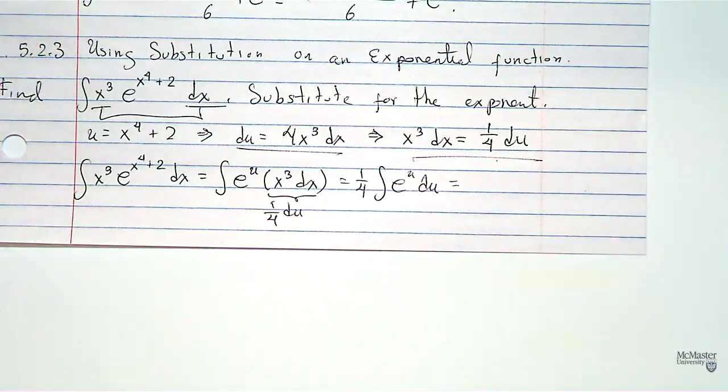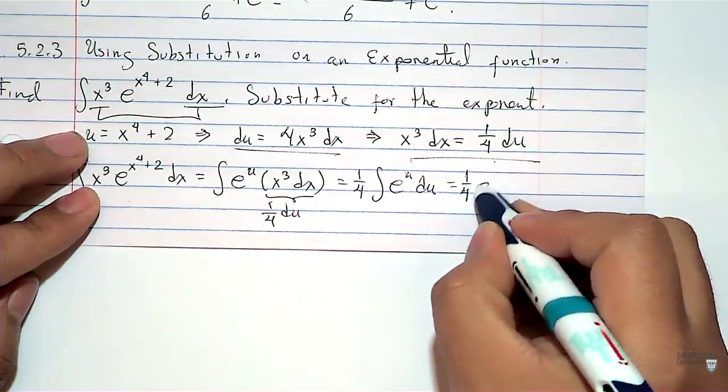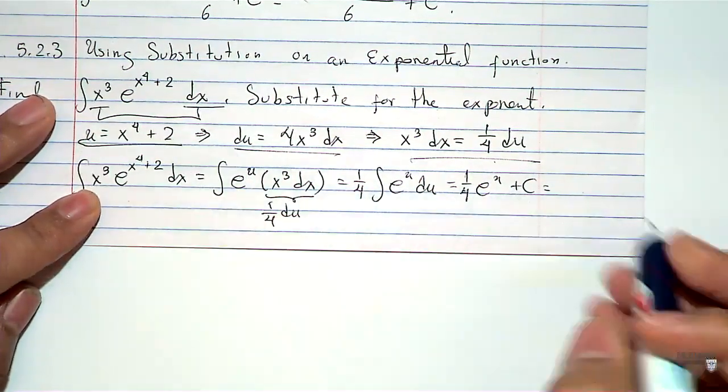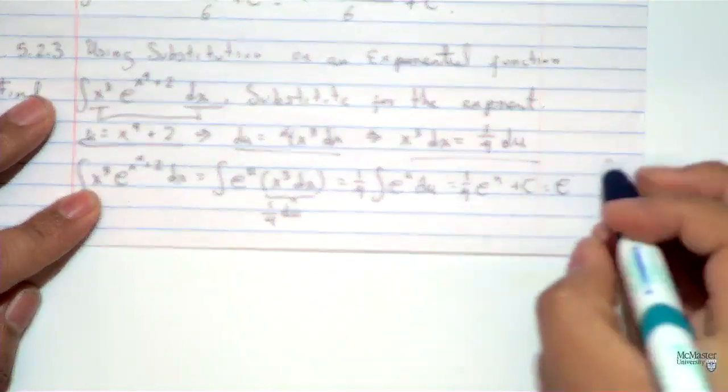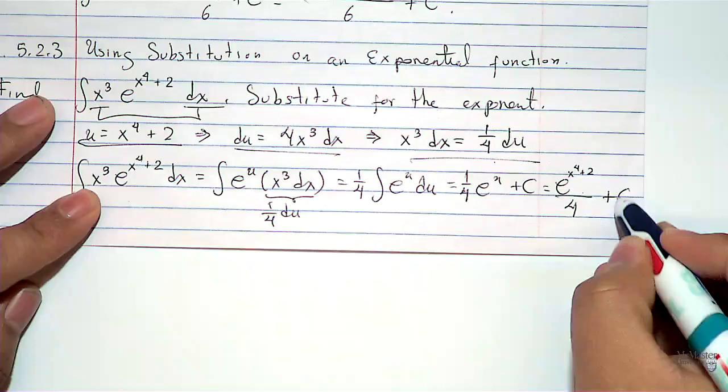And the exponential is actually the nicest thing to integrate, right? Because the derivative of the exponential is itself. So if you integrate, you get again the same function. So then you have 1/4 of e to the u plus a constant c, and you go back again to your substitution. So u was x to the 4th plus 2, so the result is e to the (x^4 plus 2) divided by 4 plus c.